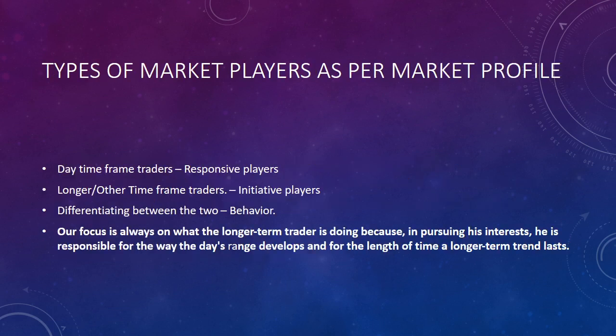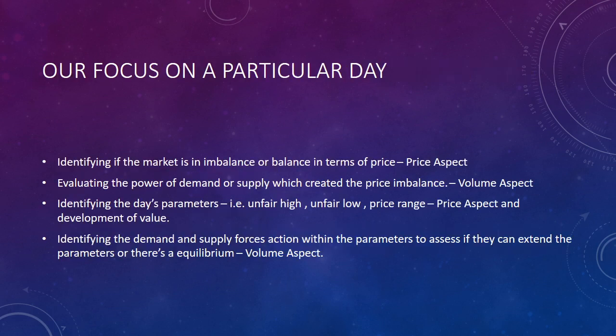So these are the main points that we discussed, and also we discussed the types of market players: day time frame trader and longer time frame trader. Our main focus is the longer term trader. We'll not really discuss more about the longer term trader, because we are merely focusing on these points on any given day, which include the effect of the longer term trader.